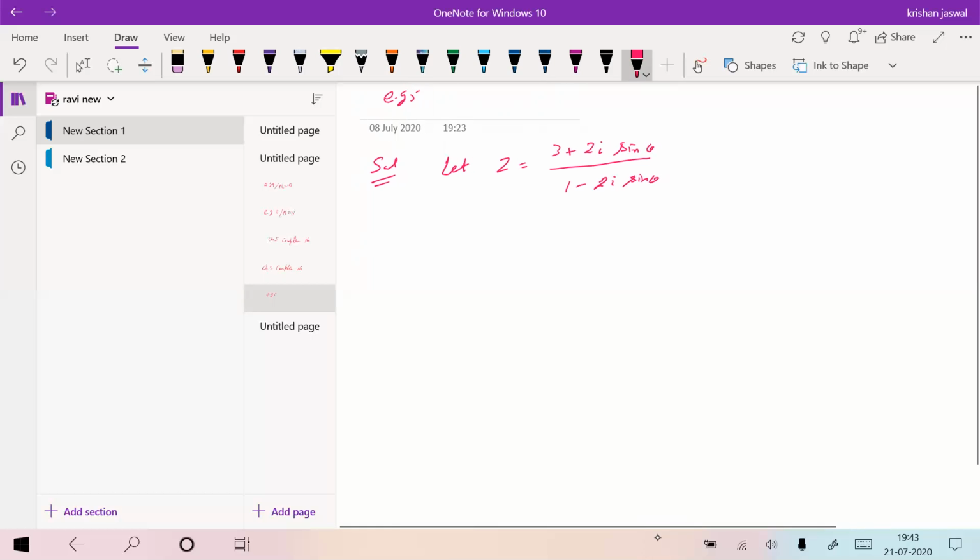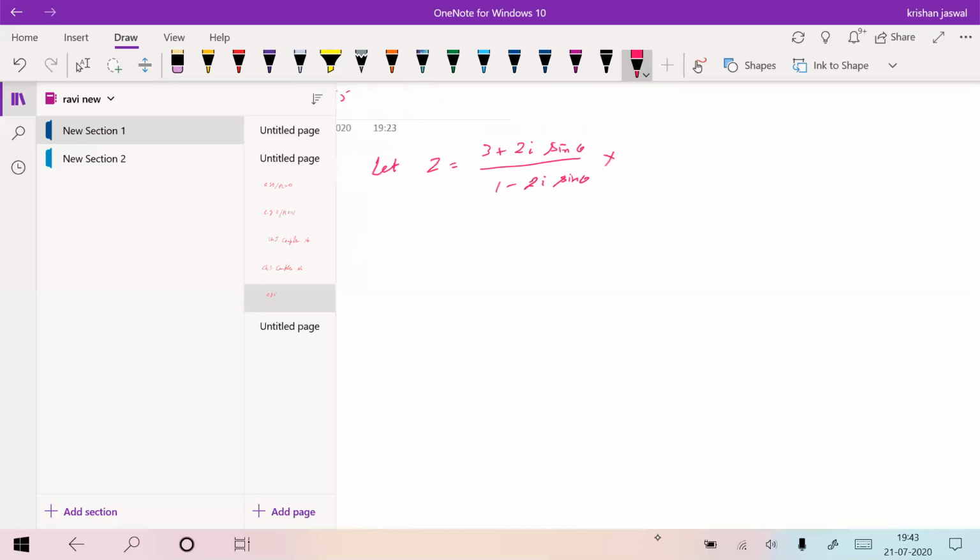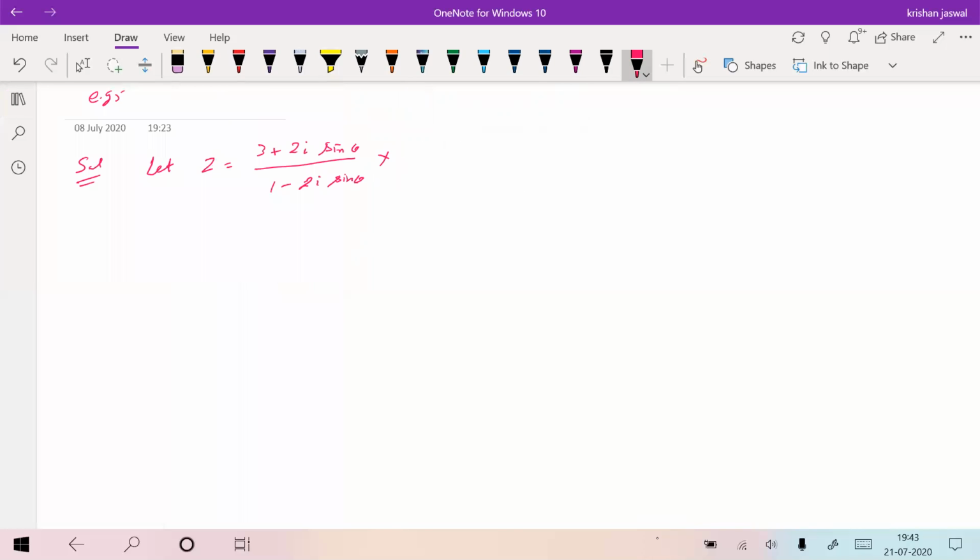Now we will rationalize it. Multiply by 1 plus 2 iota sine theta over 1 plus 2 iota sine theta.